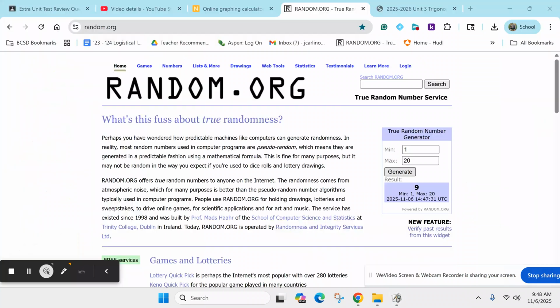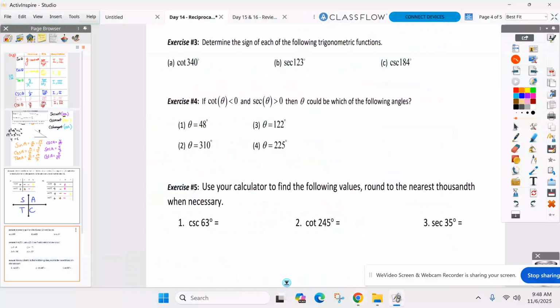I'm going to take my time here with a few of you. So let's start here. Brady, you ready? All right, we got 340. So first thing is we got to figure out what quad we're in. 340. Quad 4. All right, so as you think about quad 4, what's the only thing positive in quad 4?